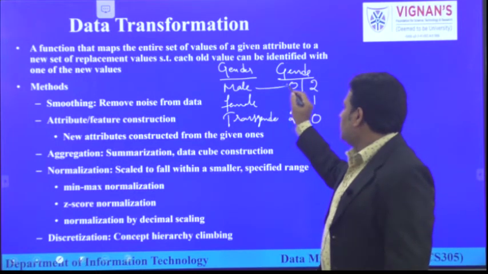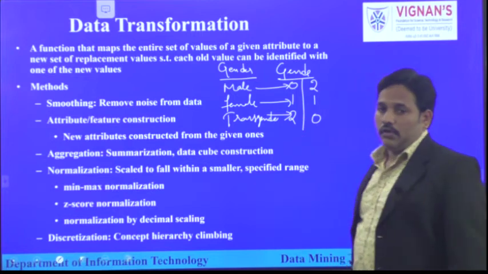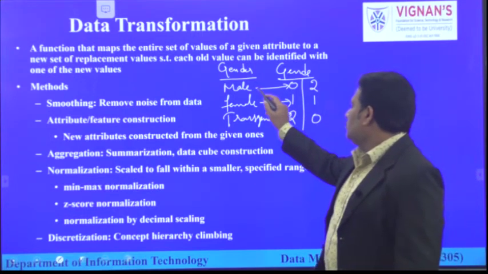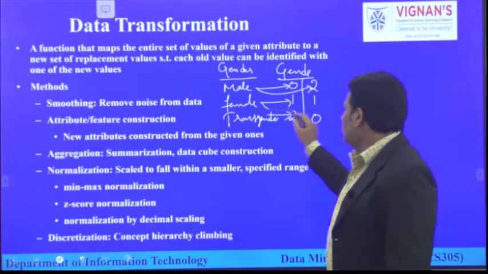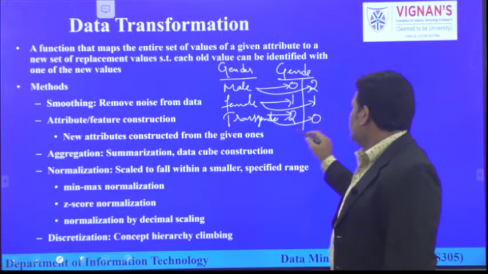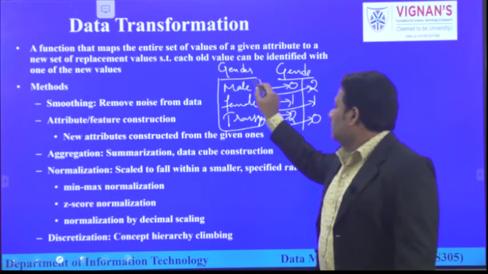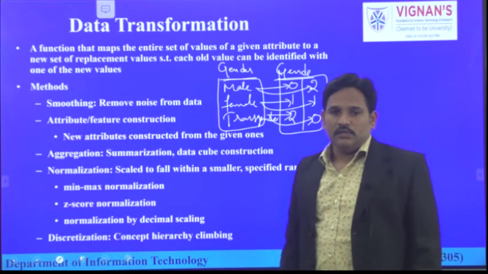Now what are we trying to do here? When we are replacing male with 0, that means every value is mapped with a new value. If you want to replace male with 2, we can do it. But what we are doing is, every value in this set is going to be mapped with a value in this new set.